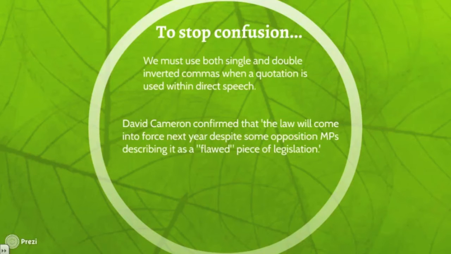So where he is quoting other MPs and what they've said, we've had to use double inverted commas to show that that's somebody else's words, not David Cameron's. So, like I said, if you are consistently using single inverted commas through your text, then you need to use double inside your quote there.